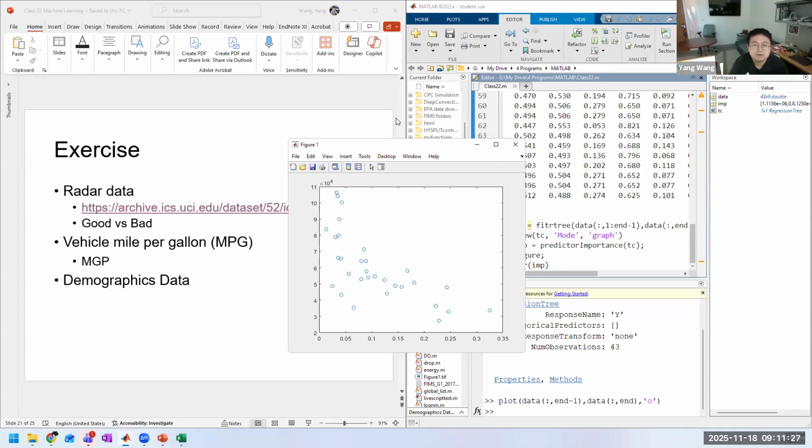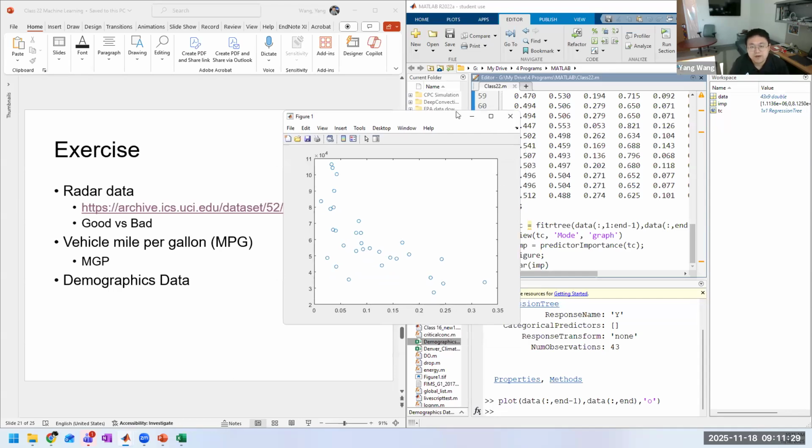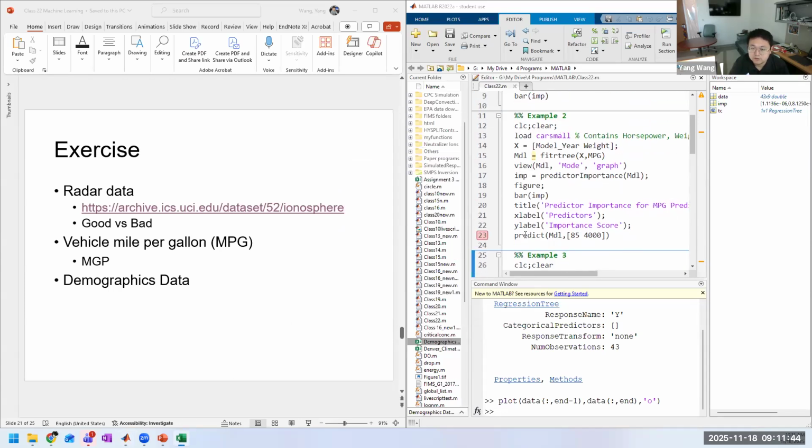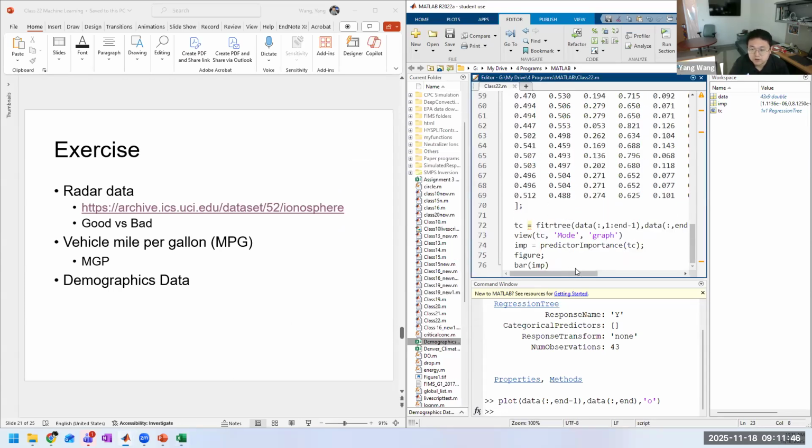So in this way, you can identify the important features in analyzing certain regression data. And if you have new data related to the education percentage, you can use the predict function to predict the likely median household income.